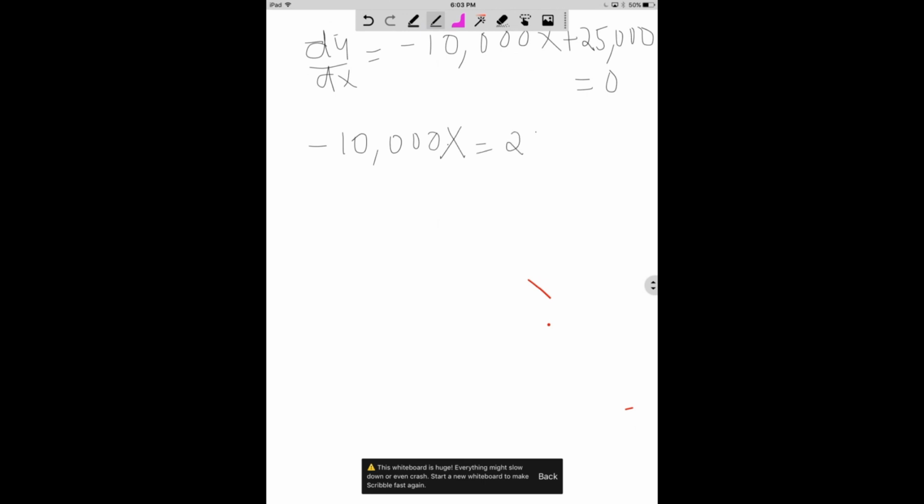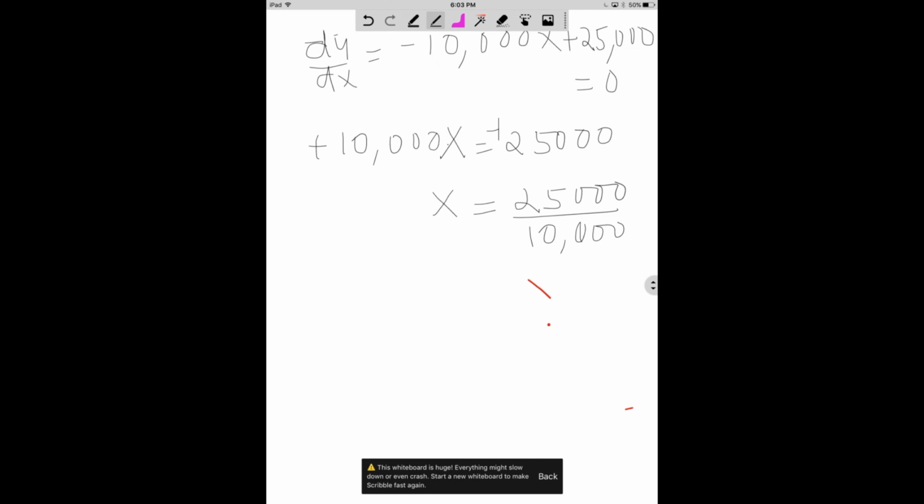Minus 10,000x is equal to minus 25,000. So x is equal to, negative you can cancel, 25,000 divided by 10,000.